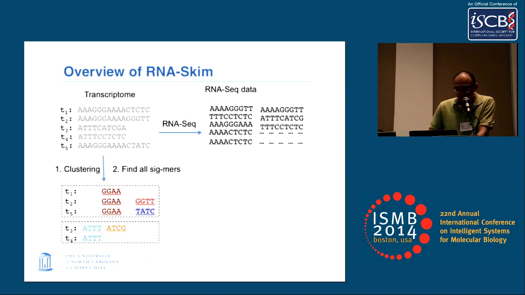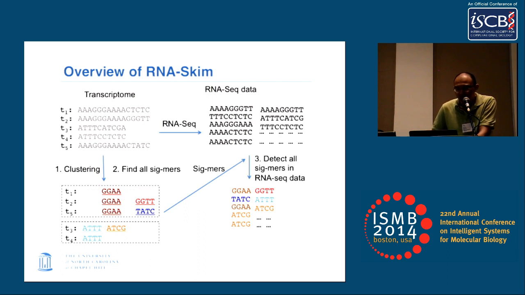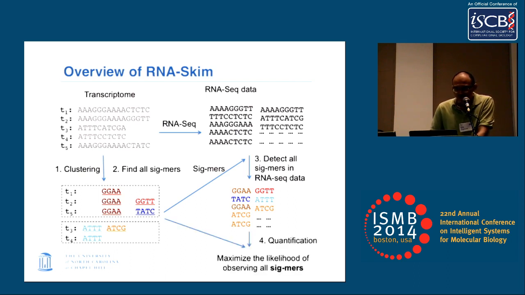The third step is to use this sigmer information to detect all the selected sigmers in the RNA-Seq data, and then we quantify this transcriptome by estimating those alphas, by maximizing the likelihood of observing all sigmers.